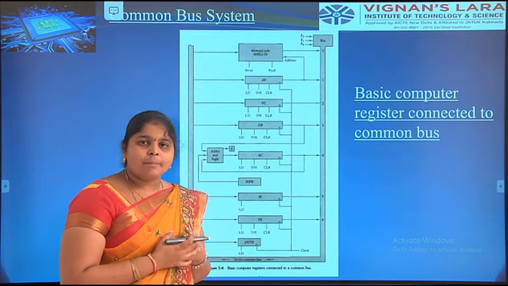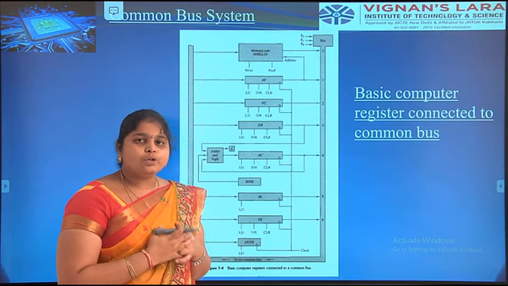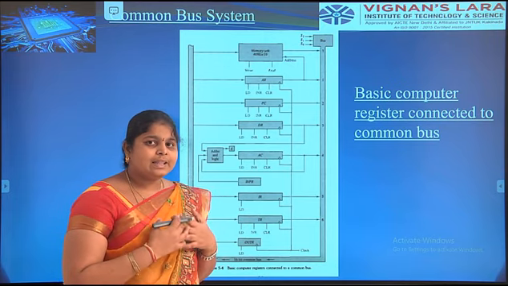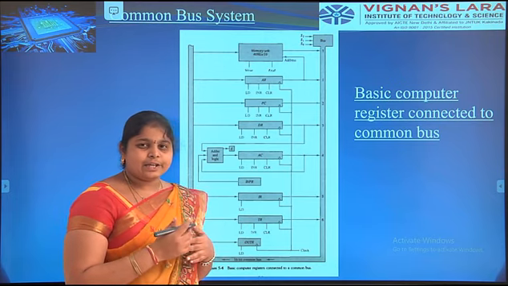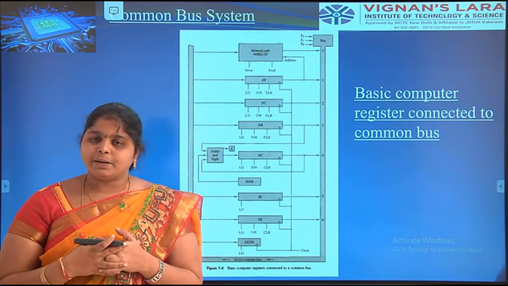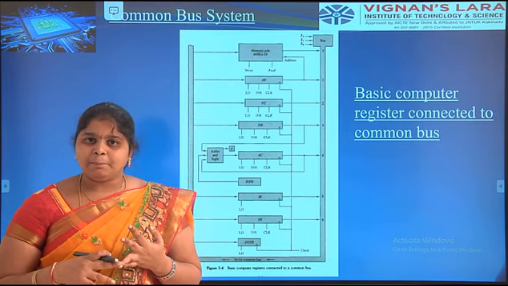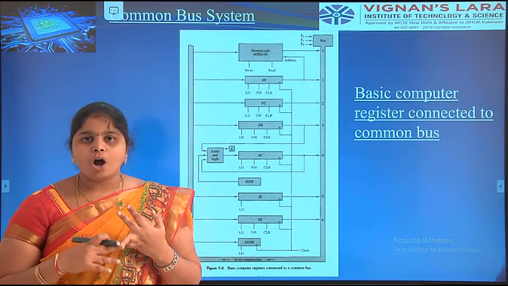Why do you use the common bus? We already discussed it in the earlier classes. We use the common bus system with the help of arithmetic circuit, logical circuit, shift micro-operations, and 3-state buffer. By using a multiplexer, we construct a common bus.